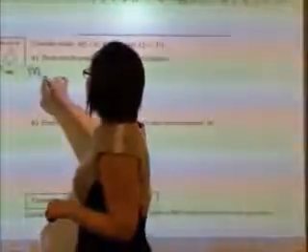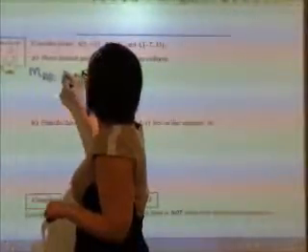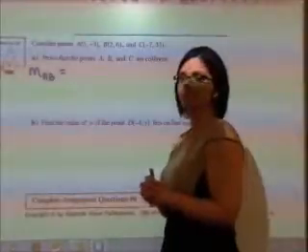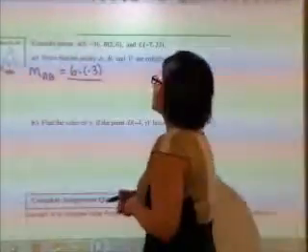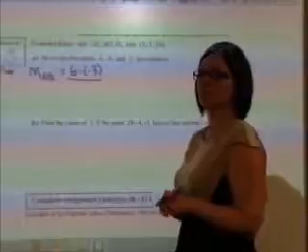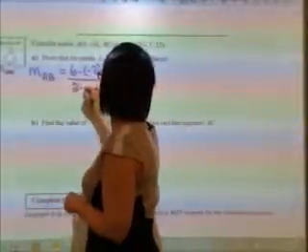So if I find the slope from A to B, how would I calculate the slope from A to B? What would you write? 6 minus -3, divided by what? 2 minus 5?